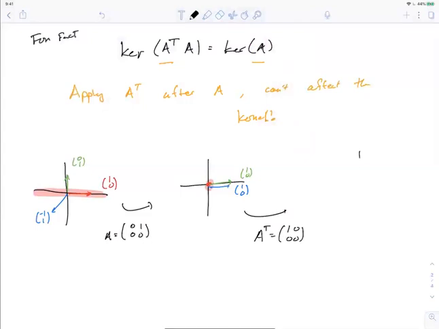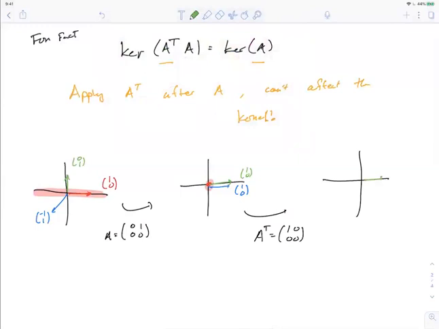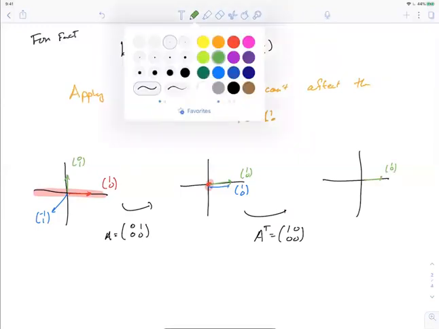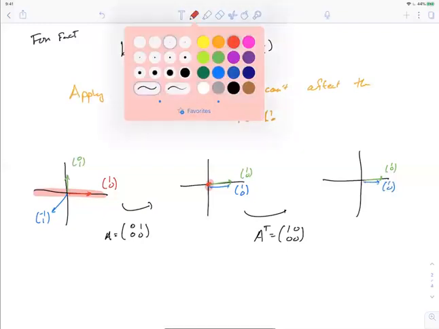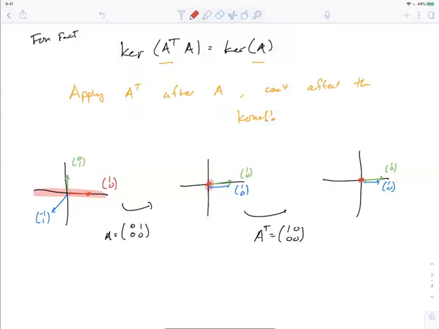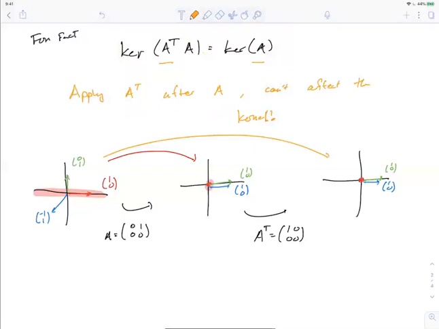Is it possible that more things get squashed? Well, the answer is no, because when we apply it again, these vectors are just going to remain right where they are. No more things get squashed as a result, but all those vectors still stick with where they are. So the amount of squashing that happens from here to here is the same amount of squashing that happens from one end to the other.